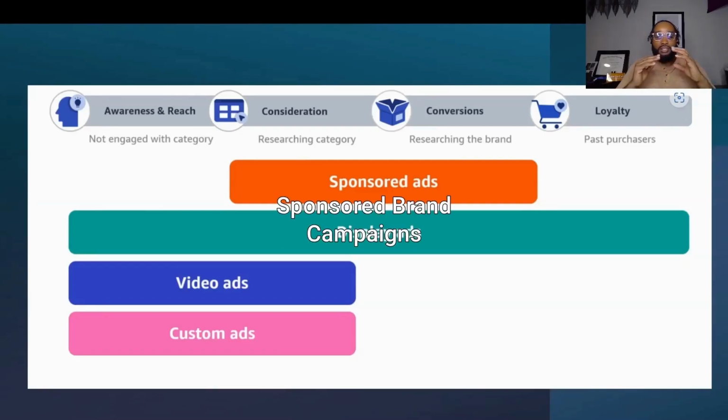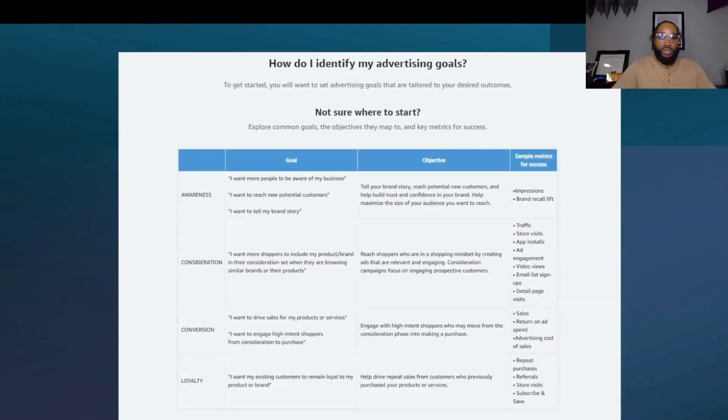So it's very critical again to make sure that you understand, one, the customer shopping journey, and two, the purpose of the advertising products that Amazon gives its sellers, so that way you can reach the customers where they are.